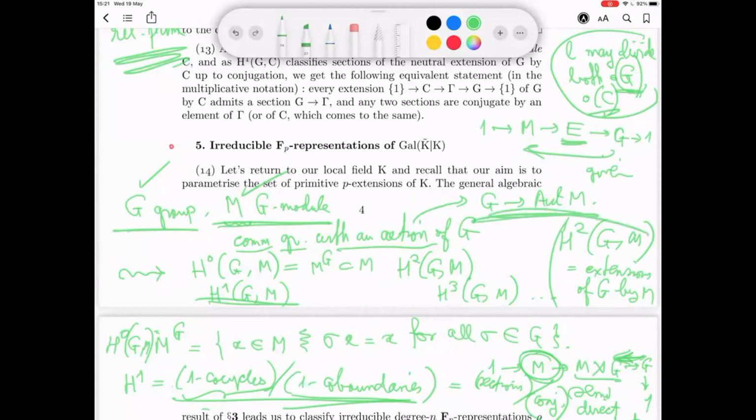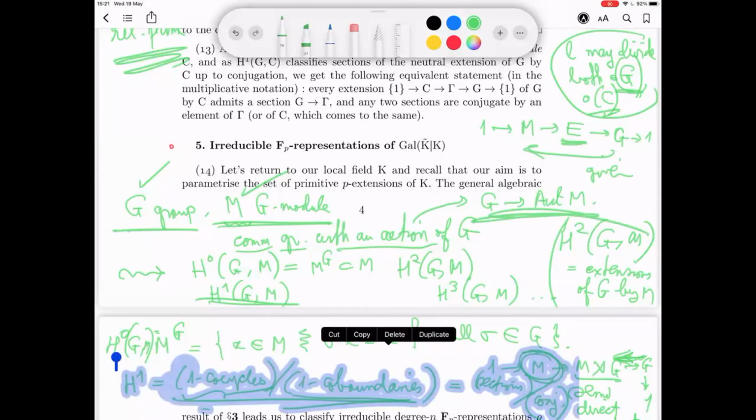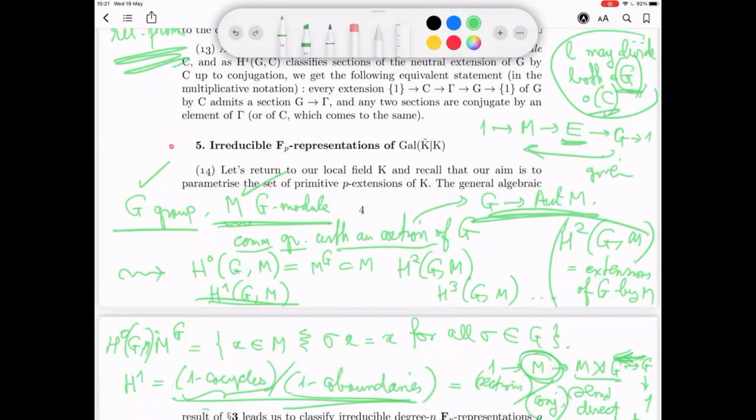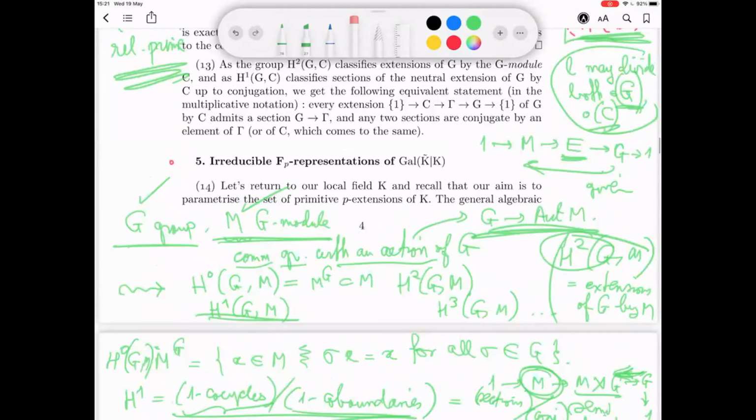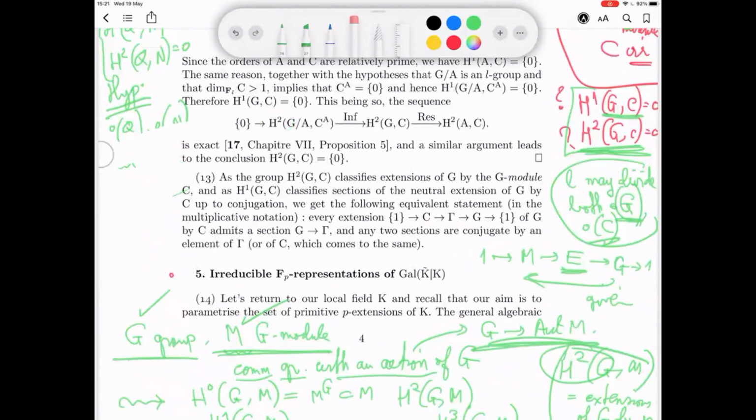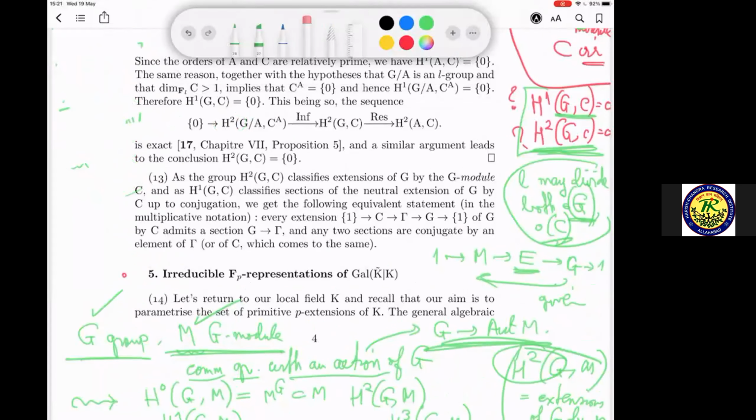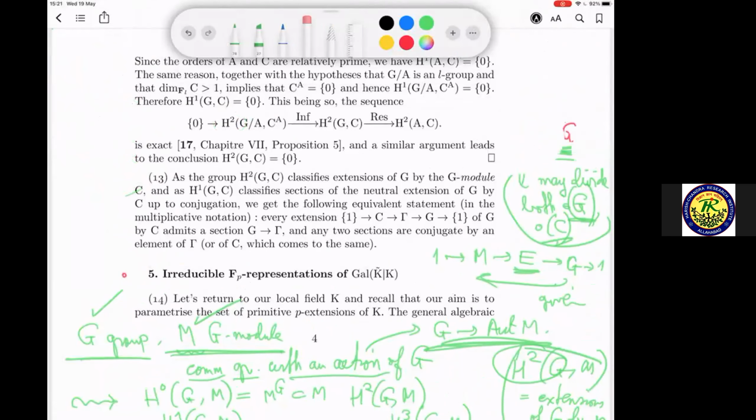You are given an action here, see? So such extensions are elements of this H2, and two such extensions define the same element of H2 if they are isomorphic. So that's a little bit of group cohomology that you need to know: what is H0, what is H1, what is H2.